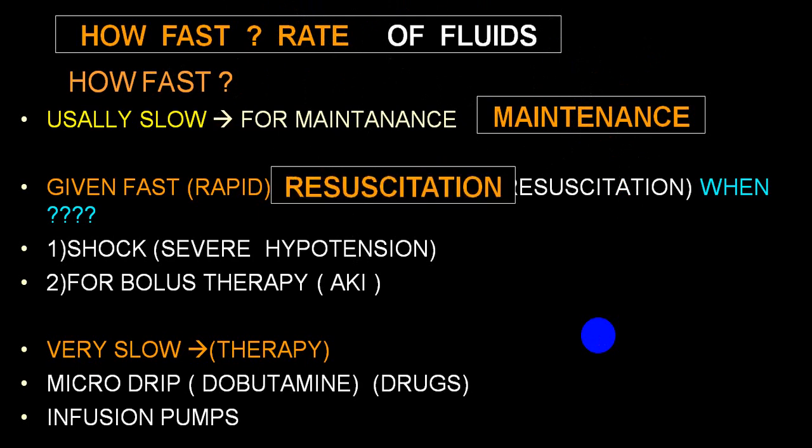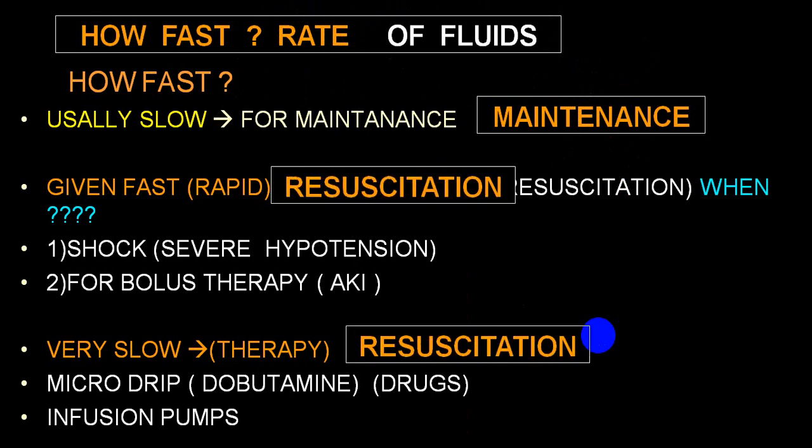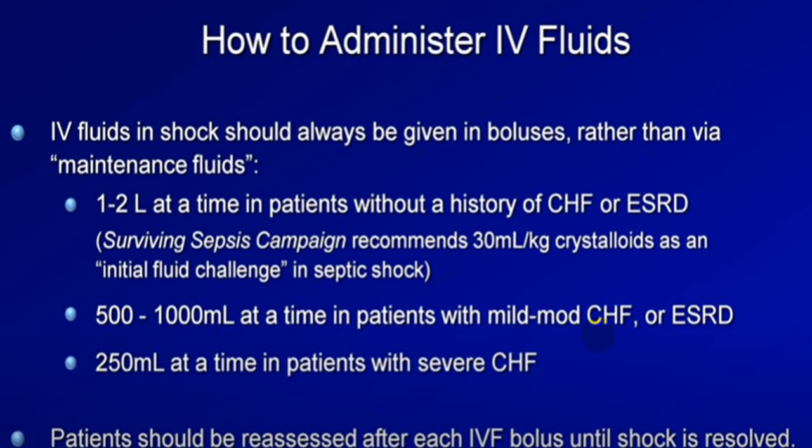For resuscitation, usually rapid. And in resuscitation, while giving certain drugs like inotropes, vasopressor drugs, etc., they have to be given by micro drip and by infusion pumps. IV fluid in a shock stage is given as a bolus, while maintenance fluid is always given slowly, over a long period of time.